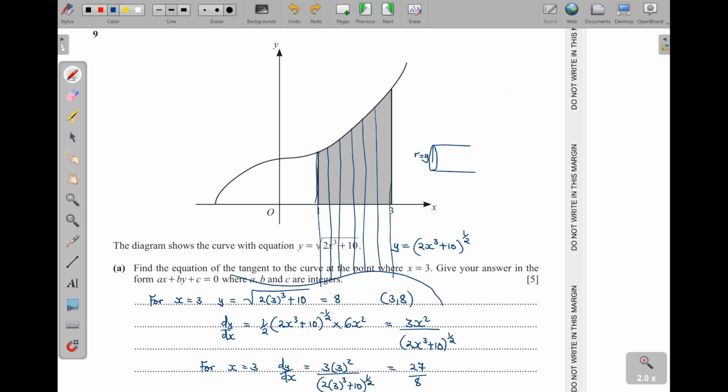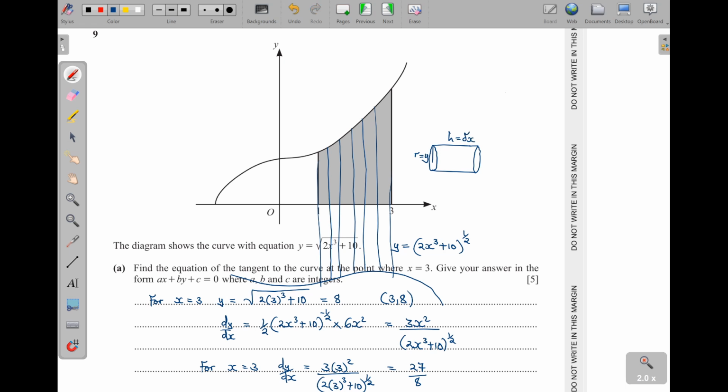You see that? And then the height is going to be this one here. That will be the change in the x values, so our height is therefore going to be dx. Actually, we represent it with delta x.